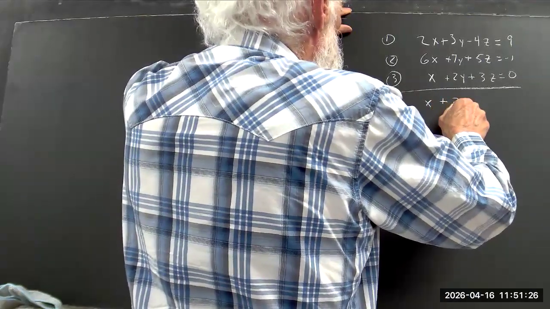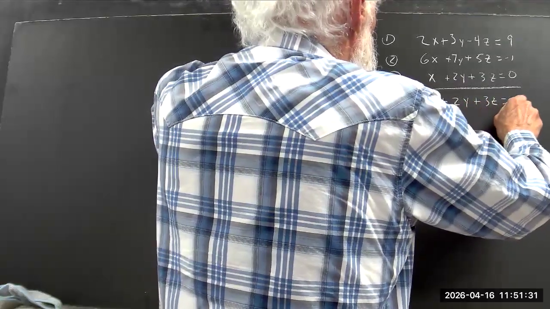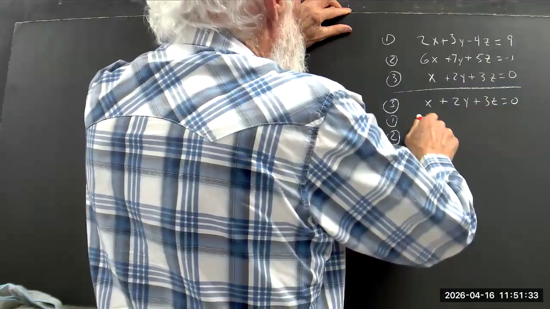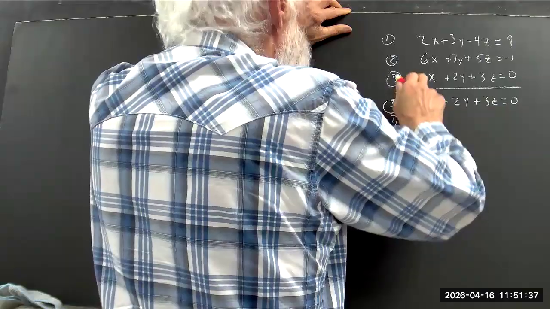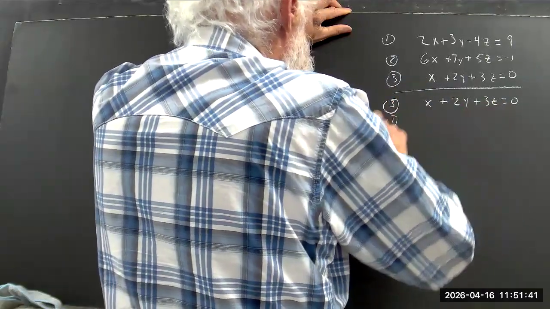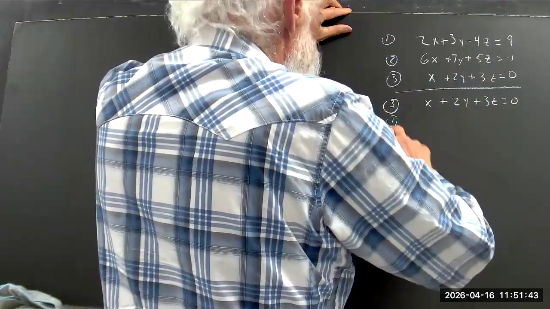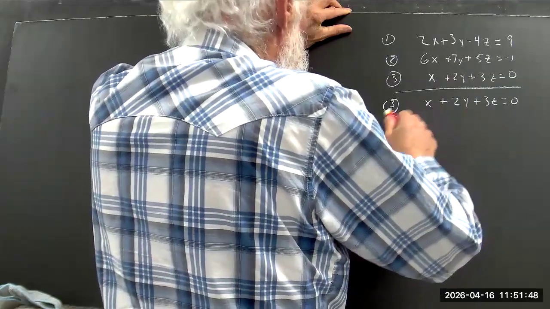So the third equation, x plus 2y plus 3z equals 0, goes in as the first equation in my second step here.